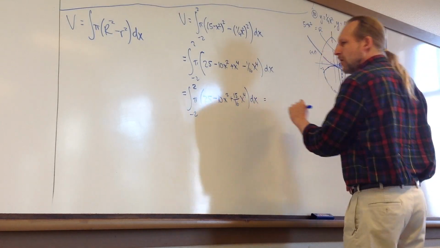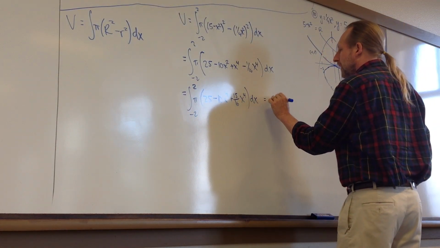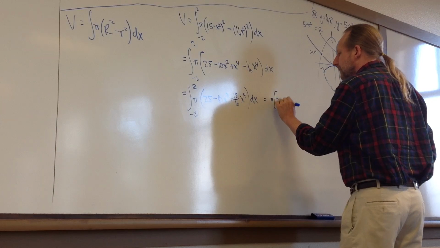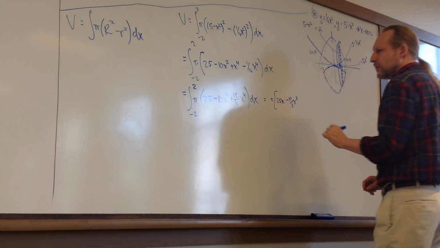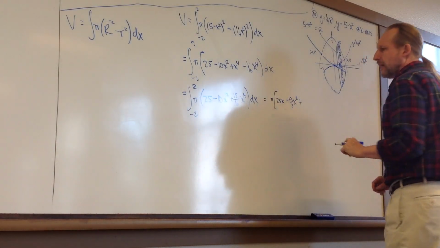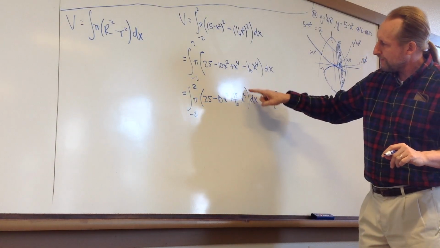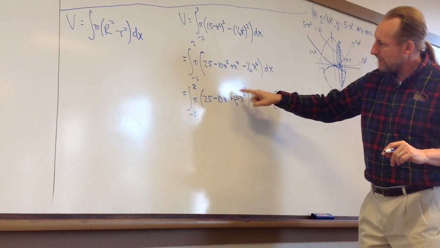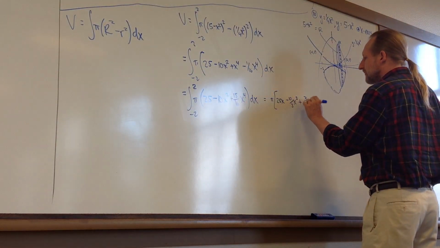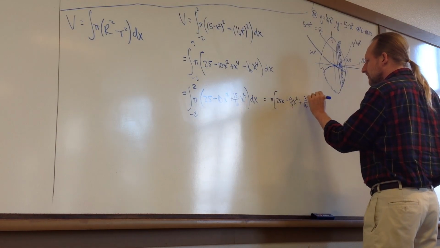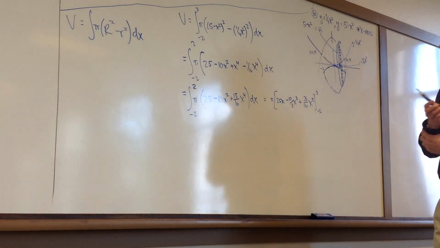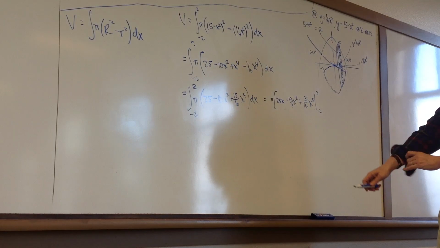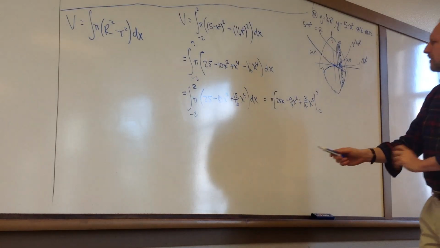So, let's see here. We're going to get pi times 25x minus 10/3 x cubed. And then this is going to be x to the 5th over 5. The 5 cancels with the 15 and leaves us with 3/16 x to the 5th, from -2 to +2. Okay, so let's see what we get here.